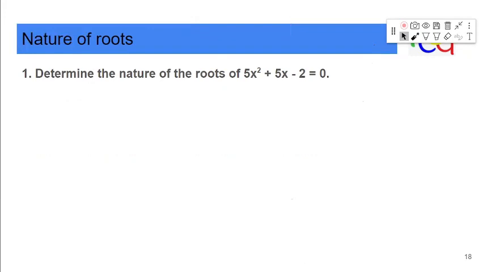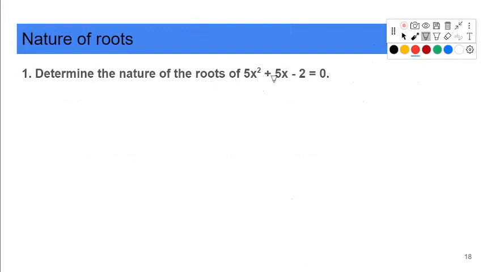Determine the nature of the roots of 5x squared plus 5x minus 2 equals 0. If you feel stuck, you can just say so and I can give you a hint, or I could even help along a little bit.